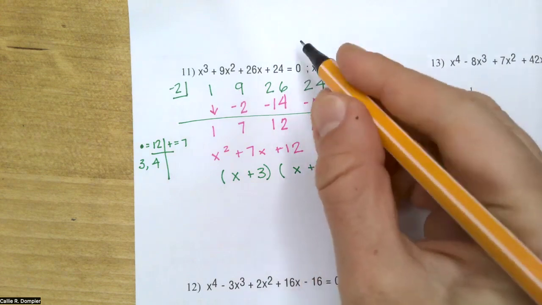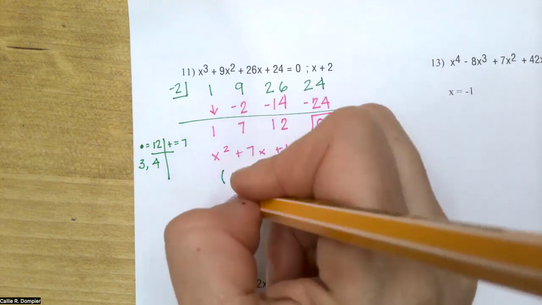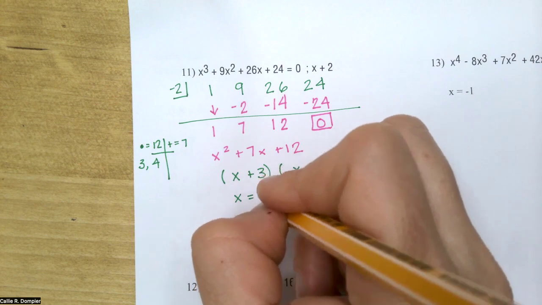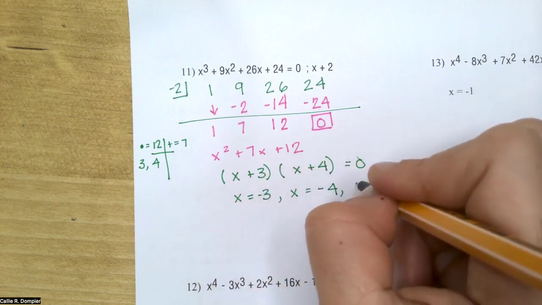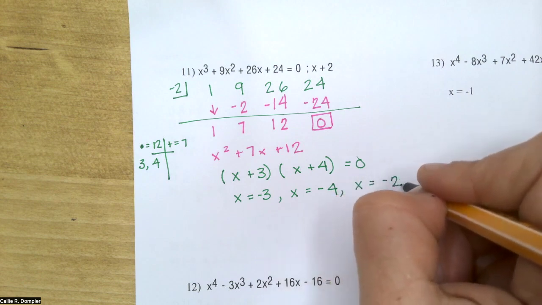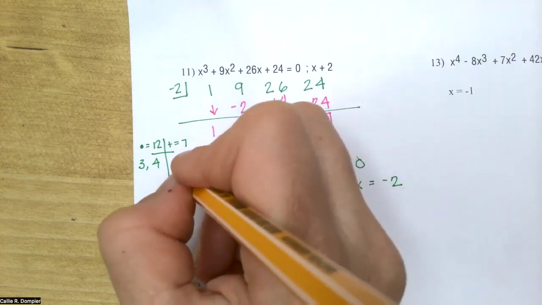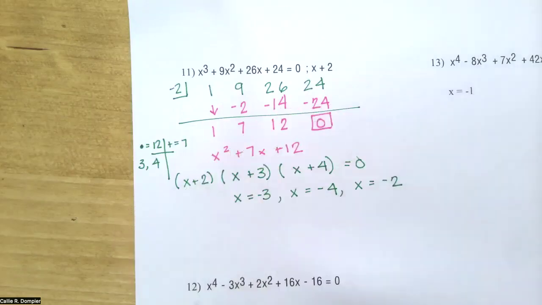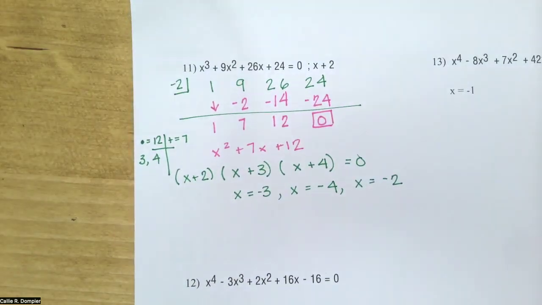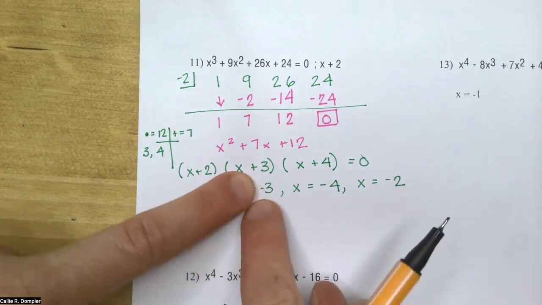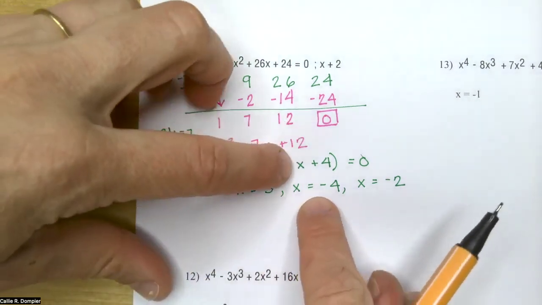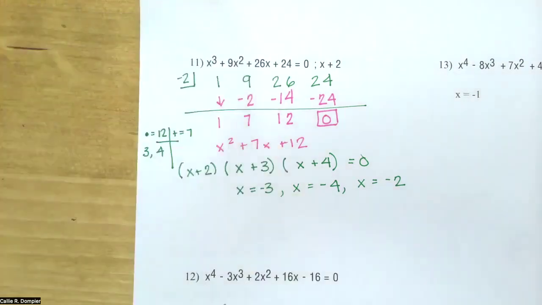Remember, set it equal to 0. That means that x is -3, x is -4, and x is -2, right? Because the other one they gave us was x plus 2. Subtract 2 from both sides, get x equals -2. Subtract 3 from both sides, get x is -3. Subtract 4 from both sides, get x equals -4. Those are our 3 answers for number 11.